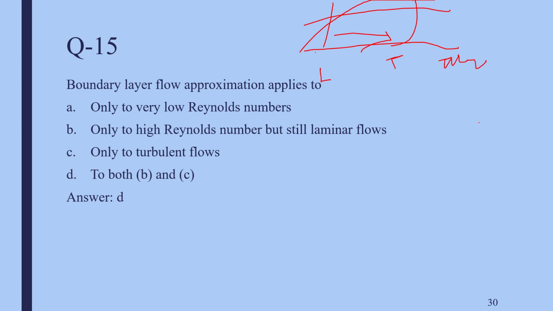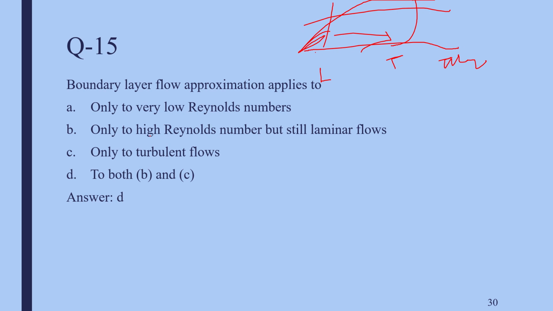So where can we apply this? At a very low Reynolds number it is not possible, because the boundary layer covers the whole region and we are not able to use this approximation.